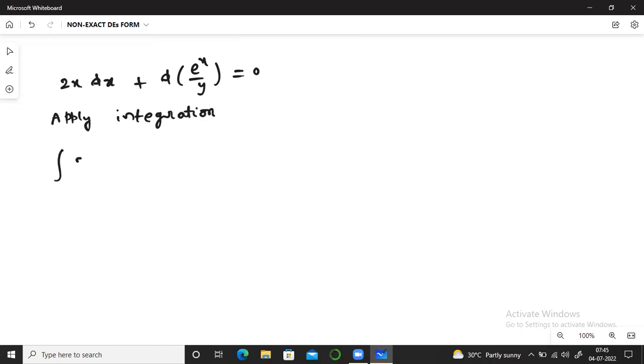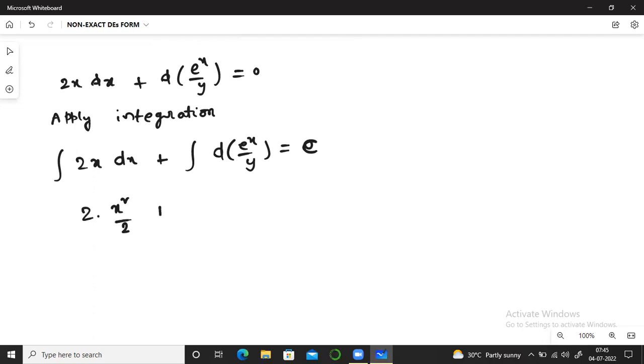Integration of 2x dx plus integration of the differentiation of e to the power x over y is equal to 0. It means finally you will get a constant, so it is equal to some constant. So 2 into integration of x dx. What is the formula?